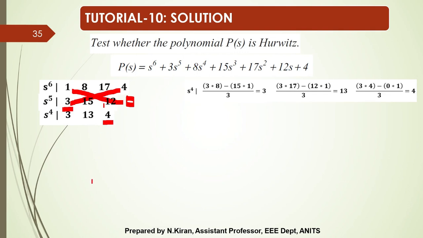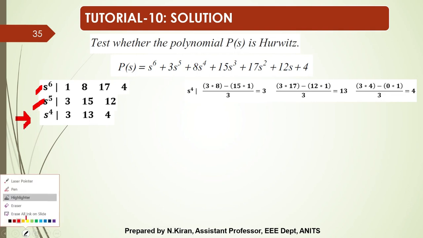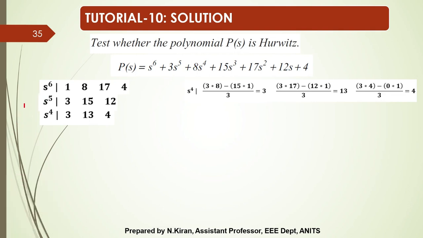So this is how in every step we find the elements of the Routh array. Next I want the row corresponding to s cube. Previously we considered s power 6 and s power 5 to get the row s power 4. Now since I need s power 3, I will consider the rows s power 5 and s power 4.